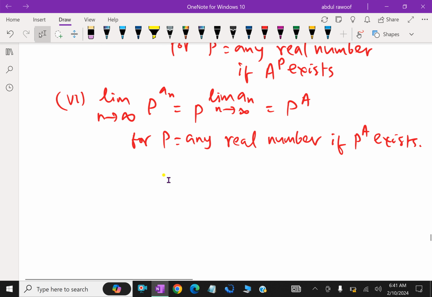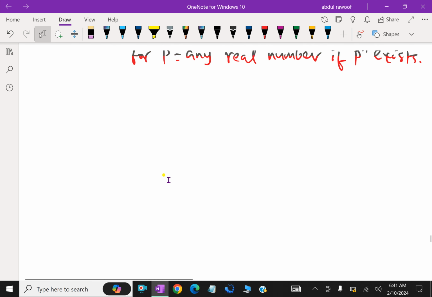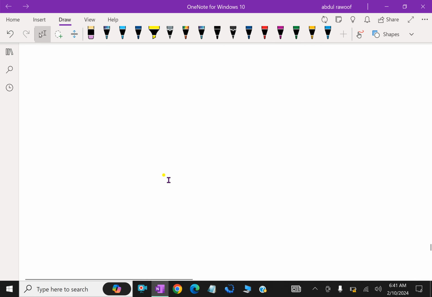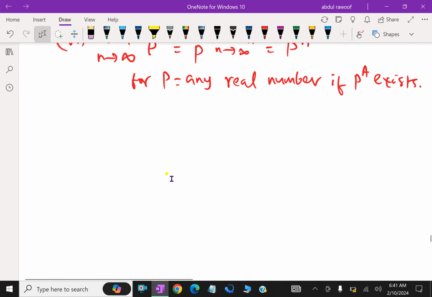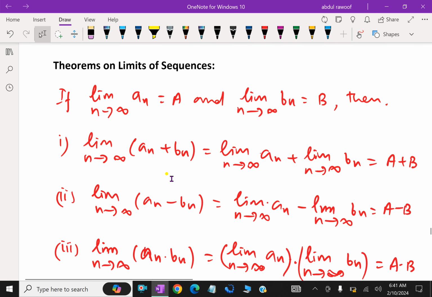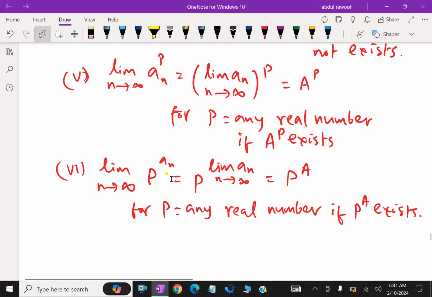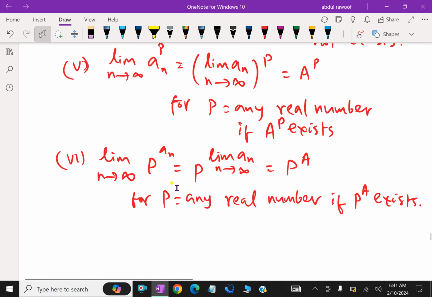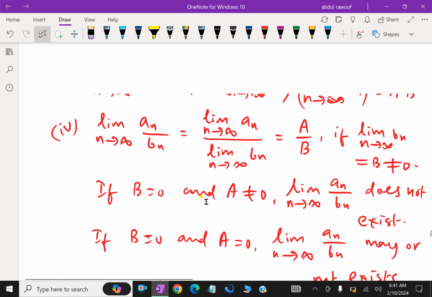So far we discussed simply what is a sequence and what are the theorems on sequences.